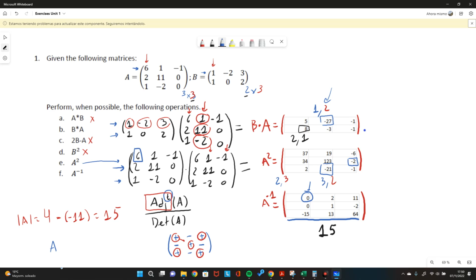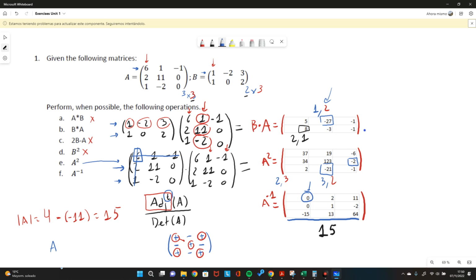I take this place here, and I imagine the matrix doesn't have this column and this row, and so I perform the determinant of whatever is left. In this case, that is 0, so I keep the 0 like it is, and I don't change the sign because there's no sign to change, but also because I have the map of signs here.